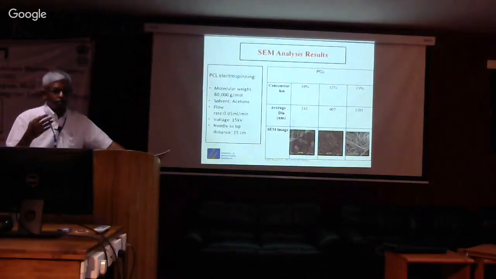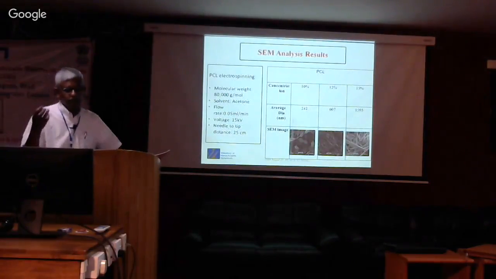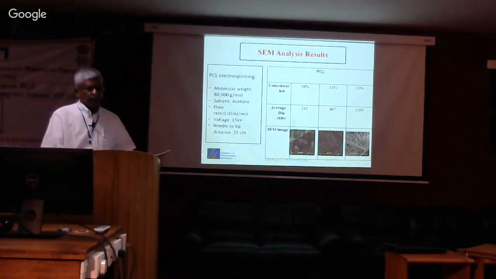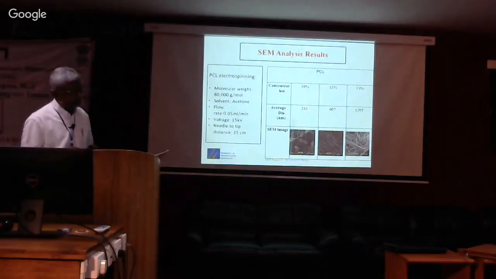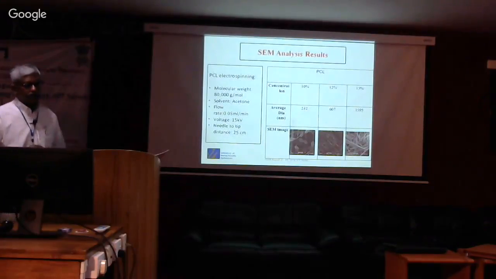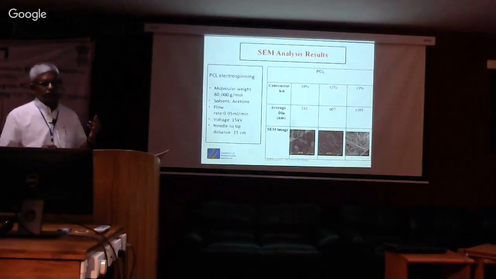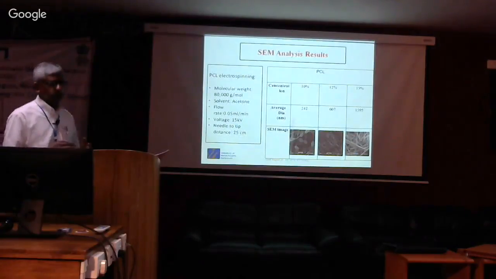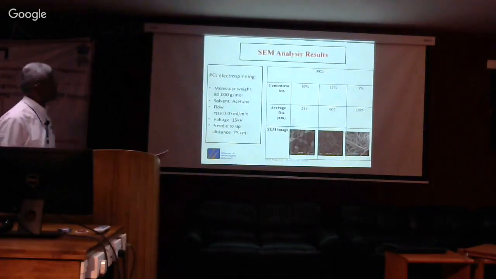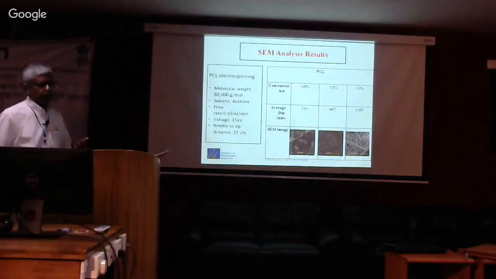And Manisha, the student, started working on the second batch. She would not get any fiber. So she was very frustrated. Then when we brainstormed and started to think, it hit us that maybe this was a different molecular weight. And indeed that was the case.